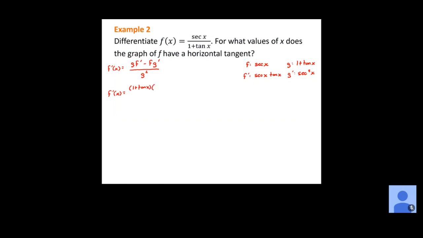We're going to multiply by f prime, which is secant x tangent x. Then we're going to subtract. We have our f function, which is secant x, and we're going to multiply that by g prime, which is secant squared x, all over our g squared, so that's 1 plus tangent x squared.